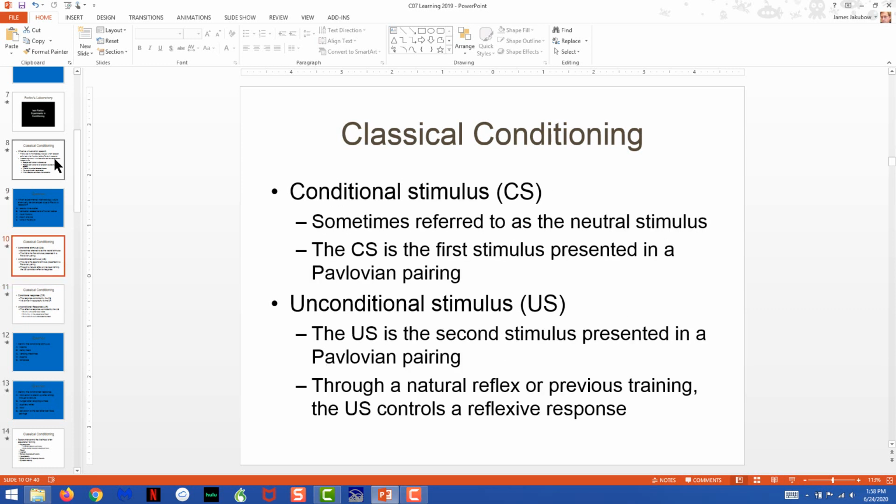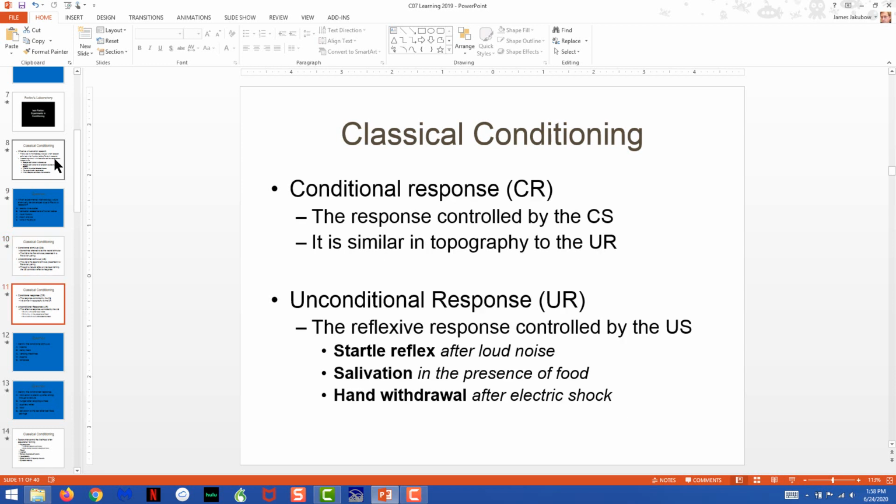So conditional stimulus, unconditional stimulus are two types of stimuli. Stimuli are physical objects in the experiment, and they are things that are controlled by the experimenter. On this slide, you have conditional response and unconditional response. Responses are always sources of data.